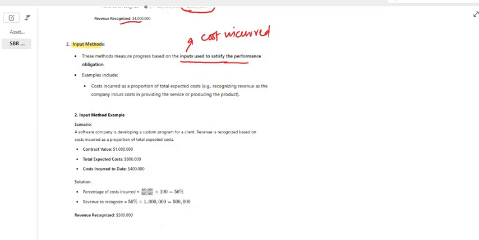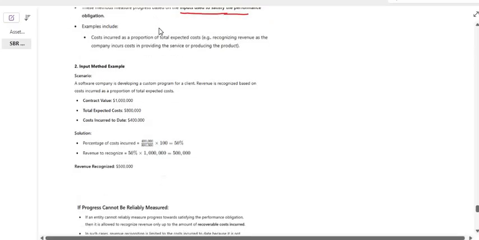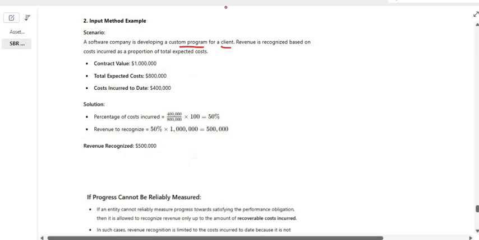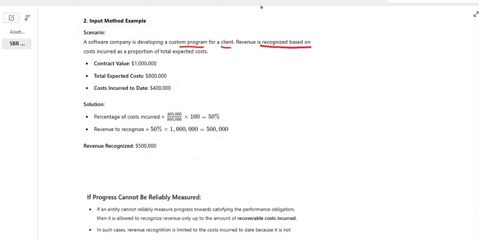If you see here an example, a software company is developing a custom program for a client. Now revenue is recognized based on the cost incurred as a proportion of the total expected cost. So they are using the cost incurred, which means this is input method.